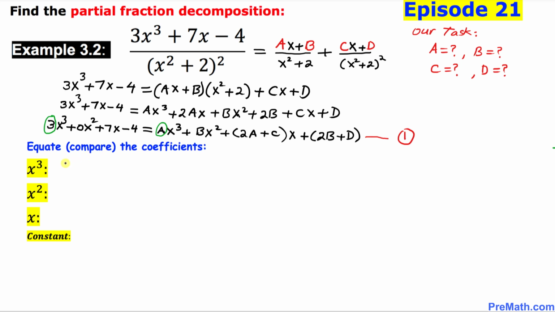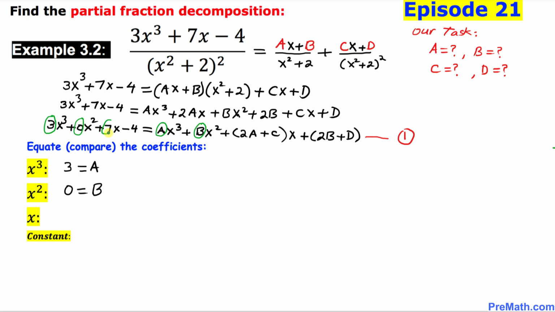I can write down 3 equals a. Likewise, for the x squared part, the coefficient of x squared on the left hand side is 0 and on the right hand side is the constant b. I can equate them as well. I can write down 0 equals b, and then next is our x.